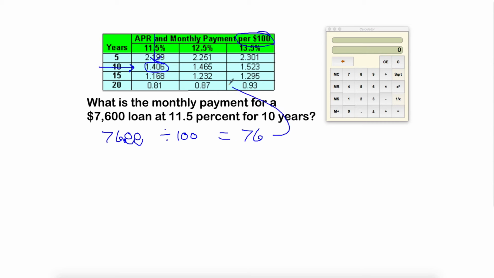So now we take that number times that number. So we have 76 times 1.406. And we see our monthly payments are going to be $106.86, round to the nearest cent.